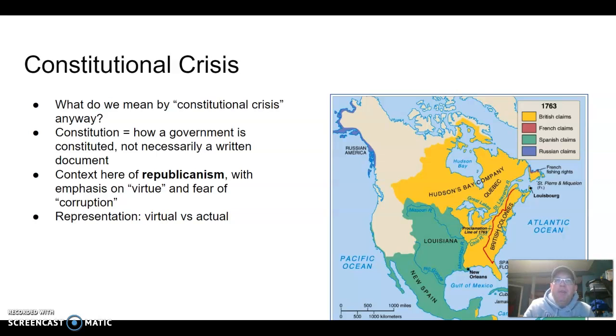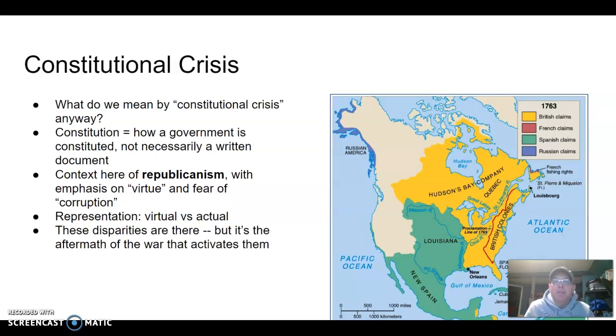The colonists, by this point, their local governments have gone to what's called actual representation. So towns will send a representative to the colonial legislature, so they actually represent that town. And these two things, views of constitutions, republicanism, and representation, they've been there.